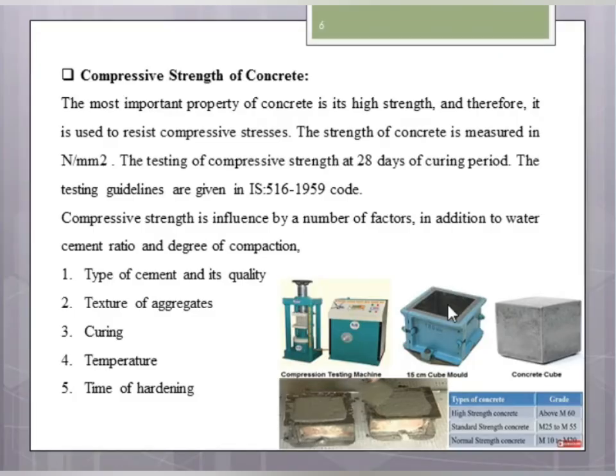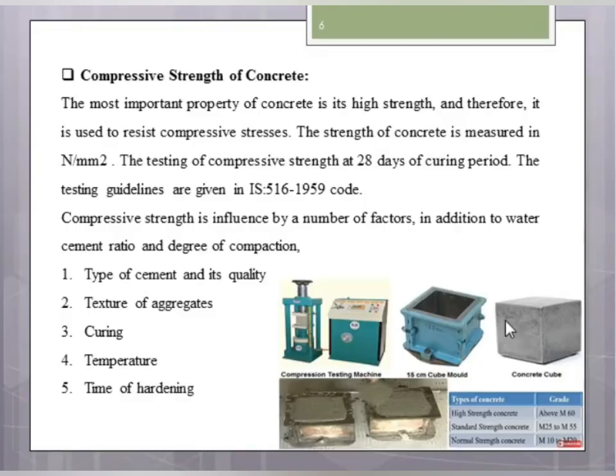Fill with proper tamping and vibration given to the mold so that the internal voids will be removed. After the complete filling of the mold, you have to keep it for 24 hours for early setting. After 24 hours, you have to remove the mold.